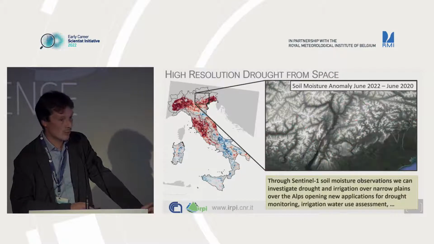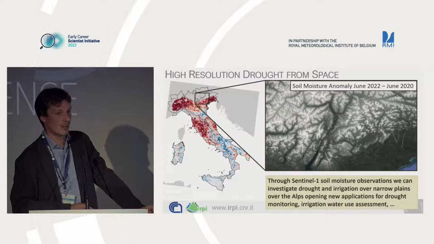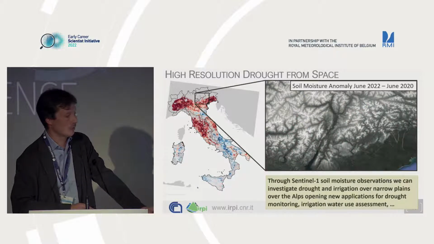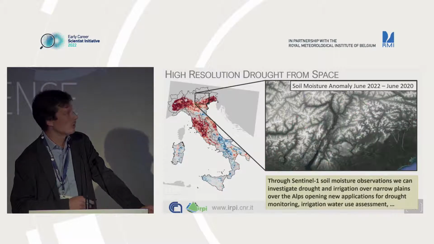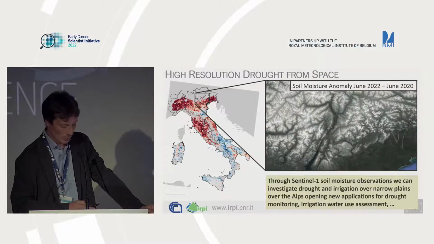Now we are trying to use this product to monitor drought over the alpine area. And if you think about that, 3 or 4 years ago, it was simply not possible. Now we have a long time series from Sentinel-1, and so we can start to make this kind of application. And we can also study, for instance, irrigation water use over the alpine area. That is really amazing if you imagine doing these kinds of things a few years ago.